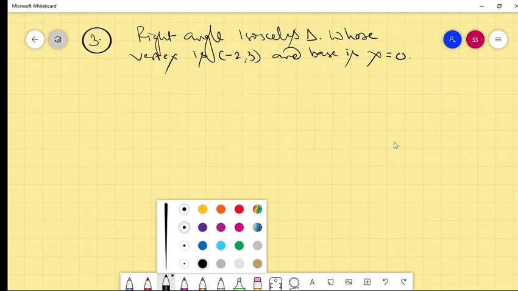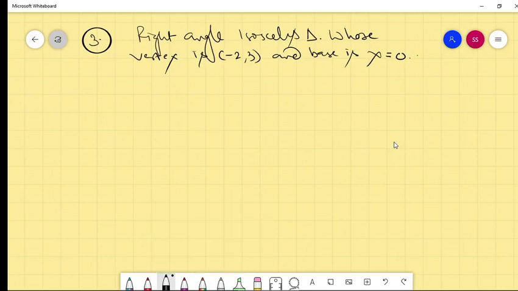The line x equal to 0 is this, then it will be like this, and minus 2 comma 3 will be like this. The figure will be like this. And how can we solve this question is our problem.